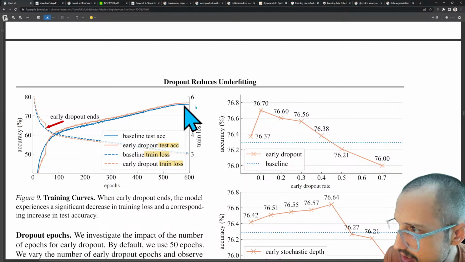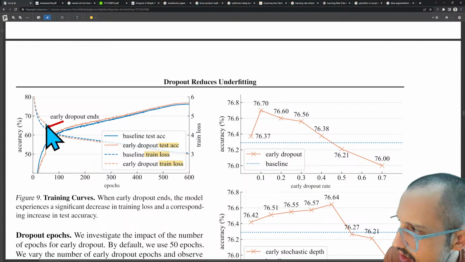So, I mean, these plots seem very, very close together. It doesn't really seem like there's a huge difference between these lines, but you can see here, once you create this early dropout end, right? So the early dropout that they're saying after 50 epochs, they turn dropout off, and you can see how it impacts the shape, right? So it's going, and then dropout gets turned off, and then it goes boom, and it has like this really high increase. And it seems to go a little bit higher.